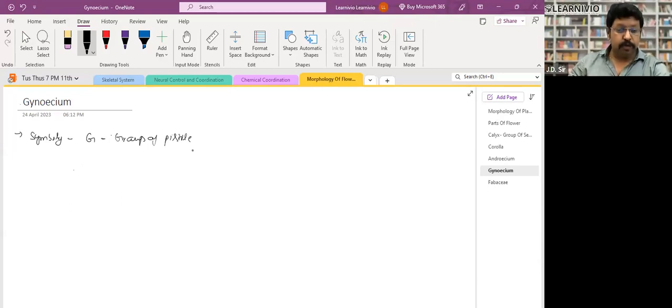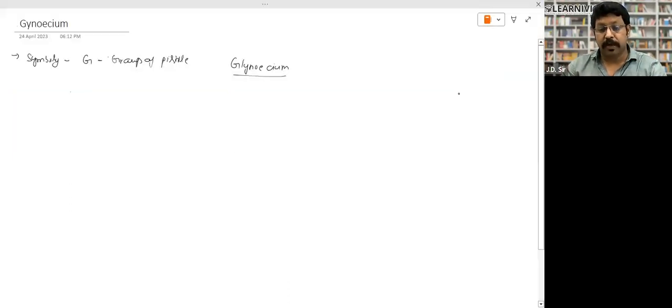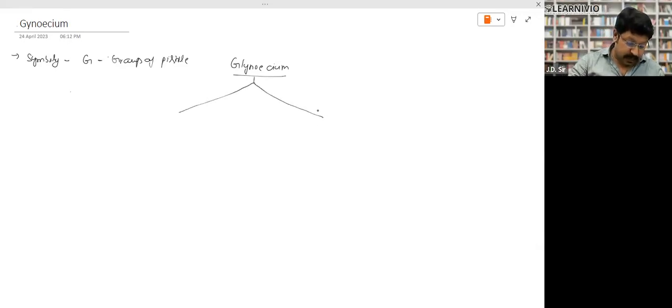Gynoecium may be single, with only one pistil, or there may be more than one gynoecium. If there is more than one gynoecium, then the gynoecium may be free or fused, right?